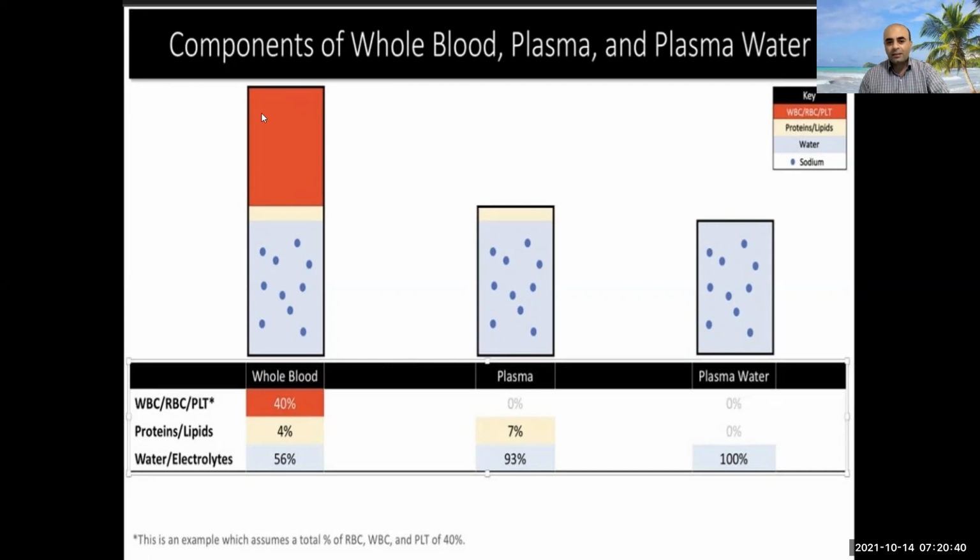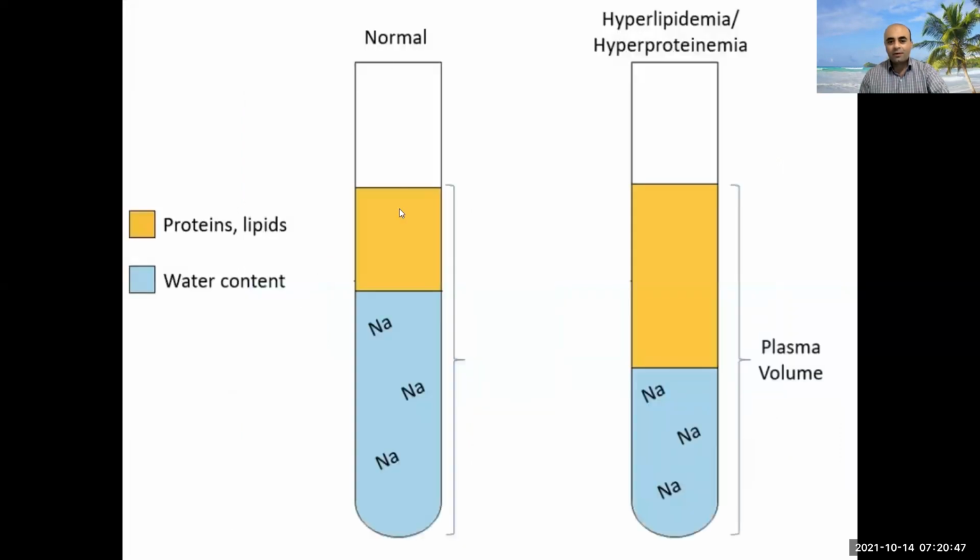We'll just explain this for you. This is the normal ratio for each part, and we see here the normal proteins and lipids and the water content with electrolytes, especially sodium. In a patient with hyperlipidemia and hyperproteinemia, all this part is named plasma volume, and this is plasma water, and this part contains lipids and proteins.